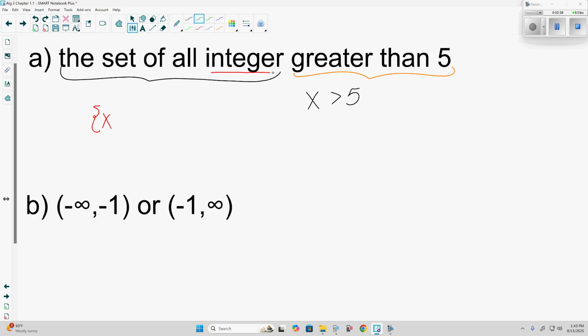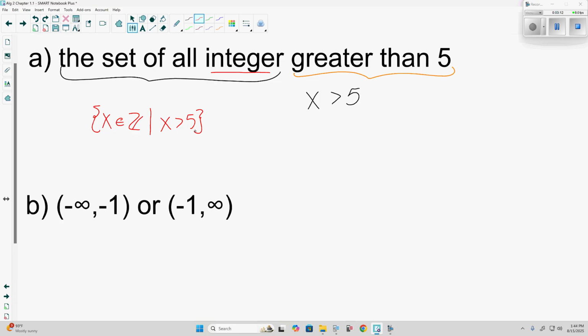So we can say x is an element of the integers, for all x in the integers such that what? x is greater than 5. x is an element of the integers such that x is greater than 5. That's it. Questions on this here?